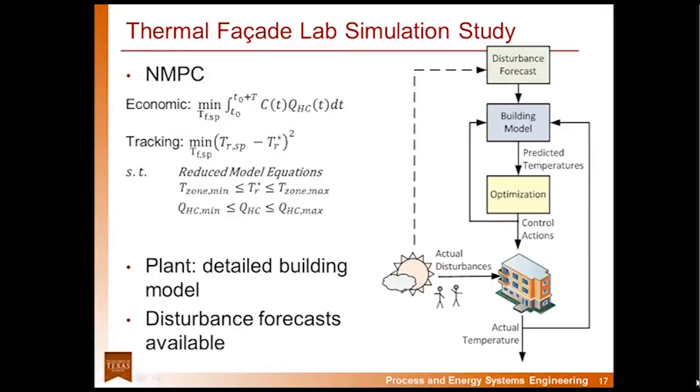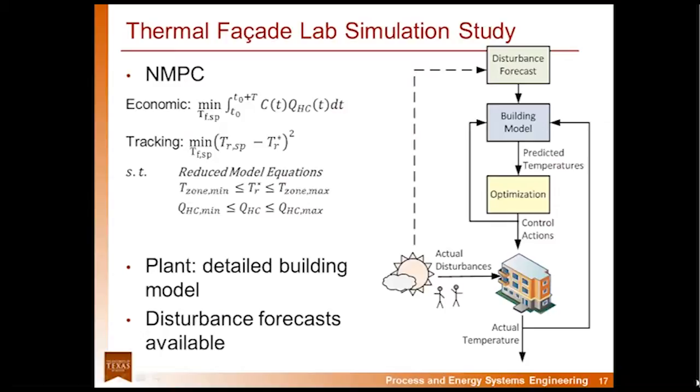With this reduced model, we are now in a position to test the model-based controller. The results I show will be for 2 different cases: minimizing energy cost and tracking a set point for indoor air temperature, and this is going to be performed in a nonlinear model predictive control framework.